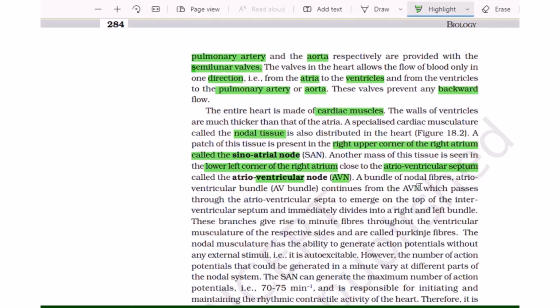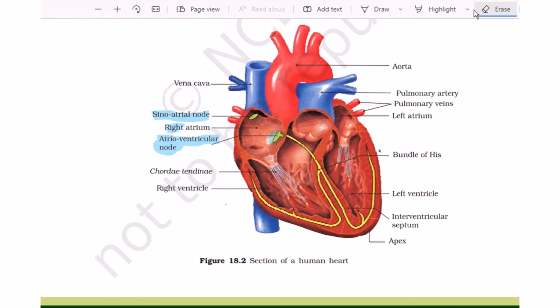And a bundle of nodal fibers. Now this is a new type of terminology. It's a bundle of nodal fibers called the AV bundle, that is the atrioventricular bundle, and it is this bundle over here, dividing towards the apex of the heart from the atrioventricular node.